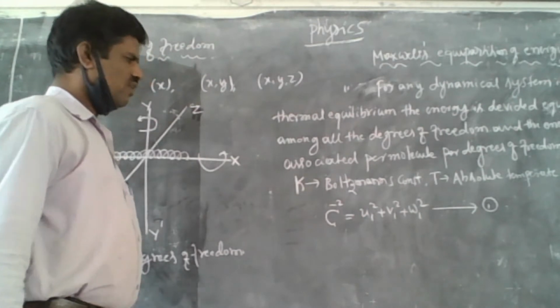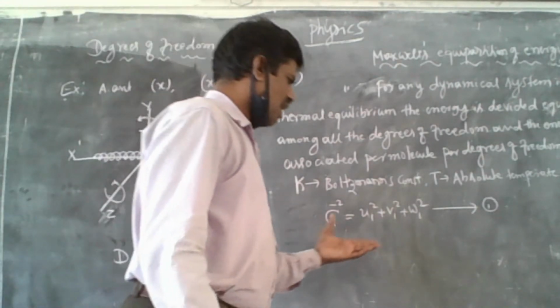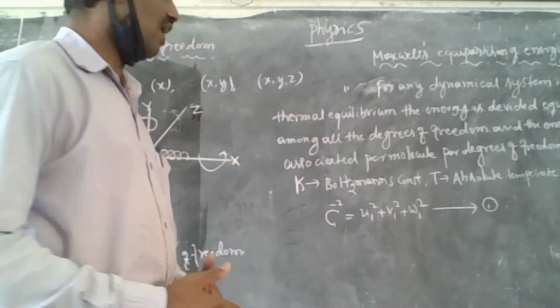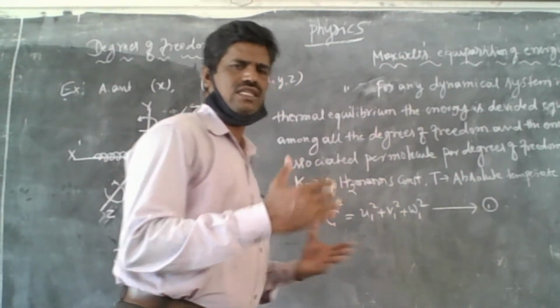Here u1 squared, v1 squared, w1 squared are the components of velocities of the molecule along the 3 coordinate axes.